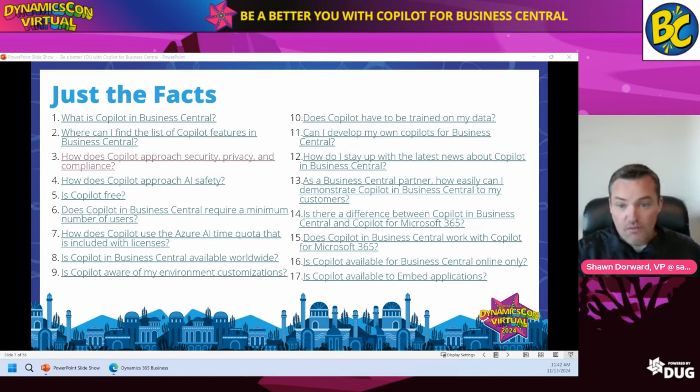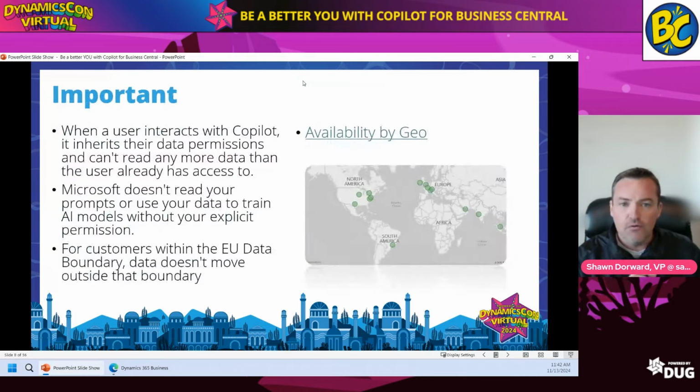Now, before we move on, one of the other things I wanted to mention here is, how does Copilot approach AI safety? Please take a minute to look at that. There's some really cool facts here that I wanted to share as well in conjunction with the previous slide. So when a user interacts with Copilot, it uses their permissions. So if I ask for information using Copilot in Business Central, can I see something I'm not supposed to see?